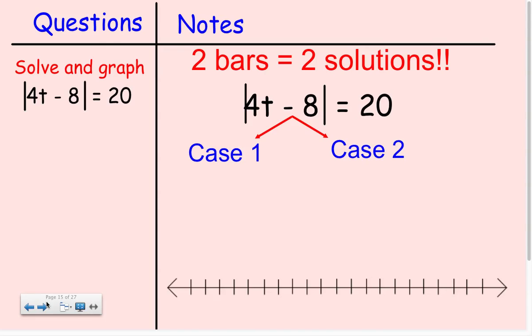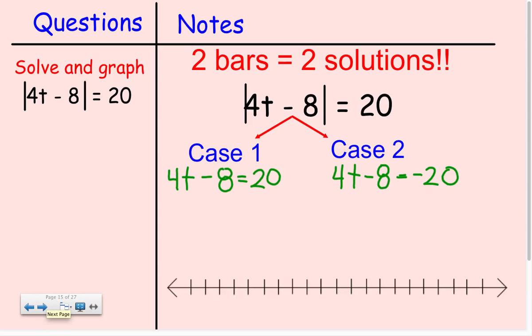For case 1, we drop the absolute value bars and we just write the equation exactly how it is. So nothing changes except we drop the absolute value bars. In case 2, this is the hard one to remember. This time we keep the 4t minus 8 how it is, but we make the 20 negative.